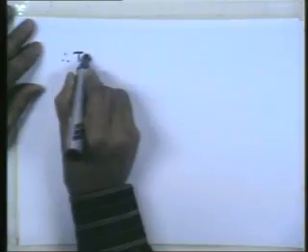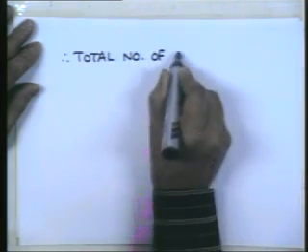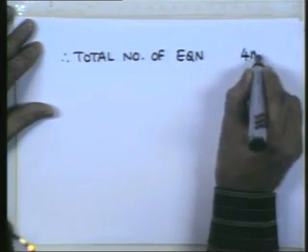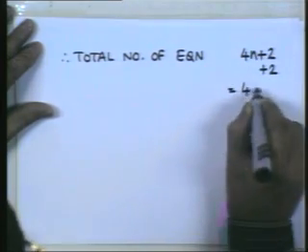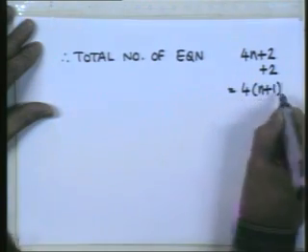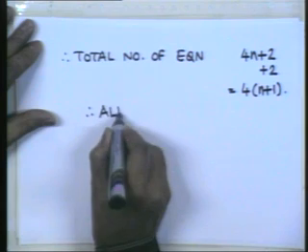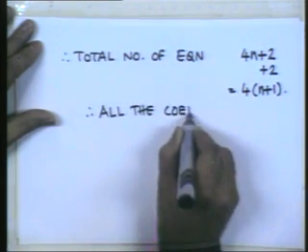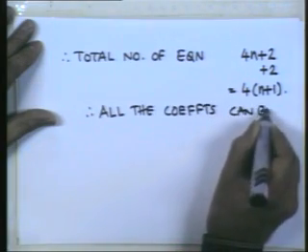So, total number of equations is 4n plus 4, which is 4 into n plus 1. These are the number of equations required. So, therefore, all the coefficients can be determined. Right?